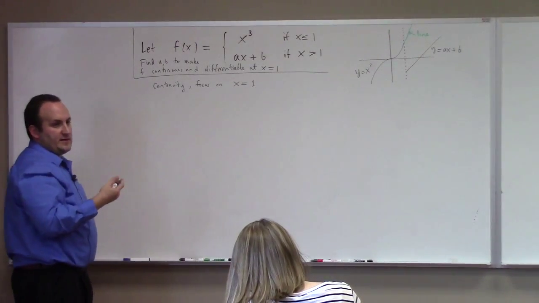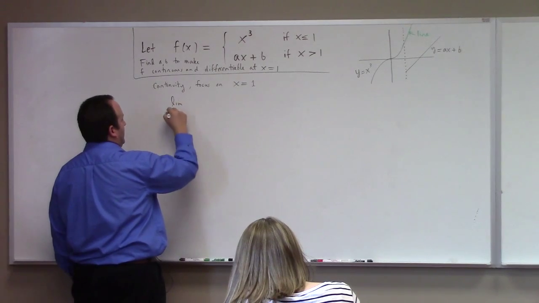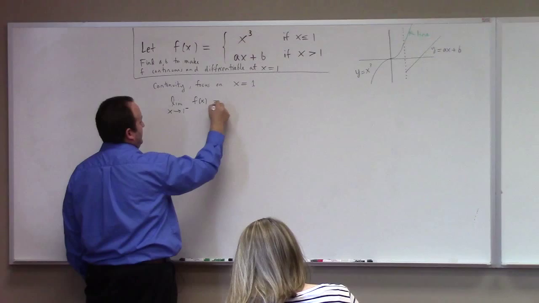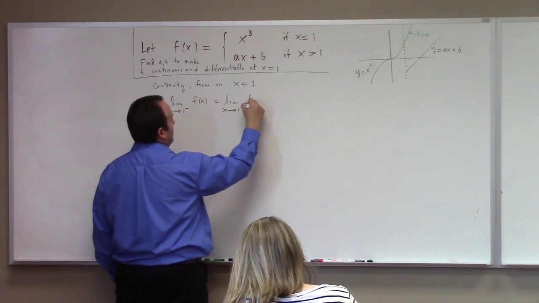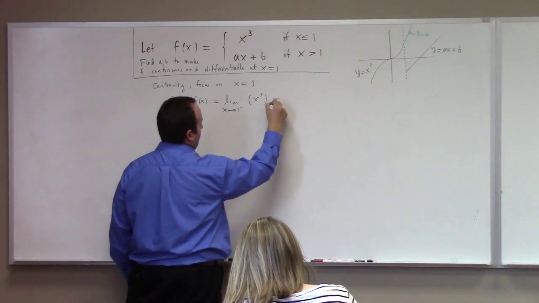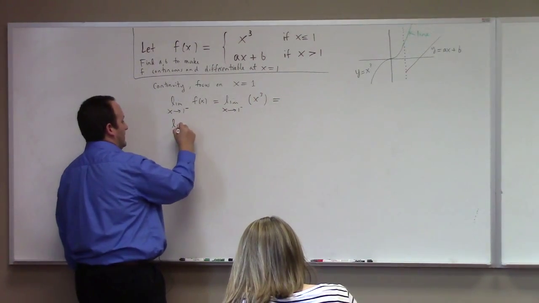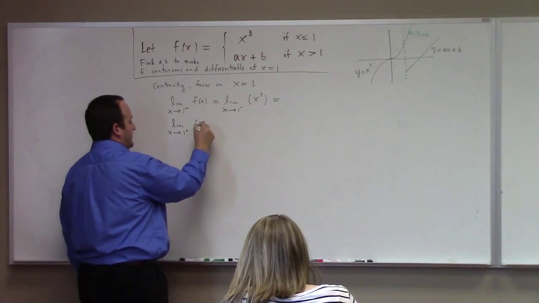So we need to look at the left limit and the right limit. They should be equal, right? The limit as x approaches 1 from the left of f of x is equal to the limit as x approaches 1 from the left of x cubed. Likewise, what's the limit from the right?